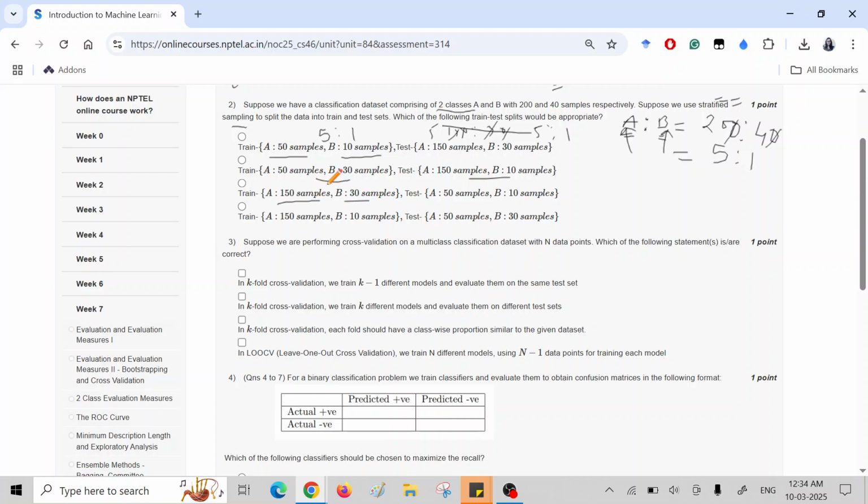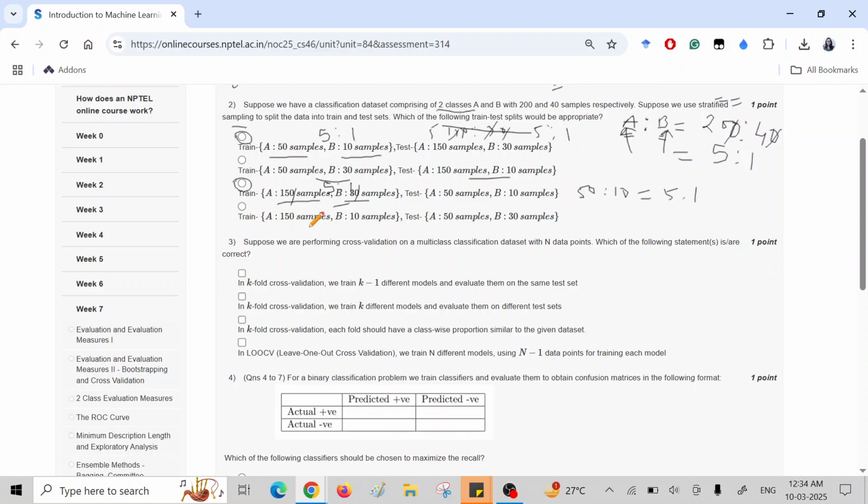So here as well the zeros cancel out, then 3 5s are 15, so 5:1, that ratio is maintained. And in the test set as well, 50:10, which is equal to 5:1. So that ratio is maintained. So option A as well as option C are the probable answers.